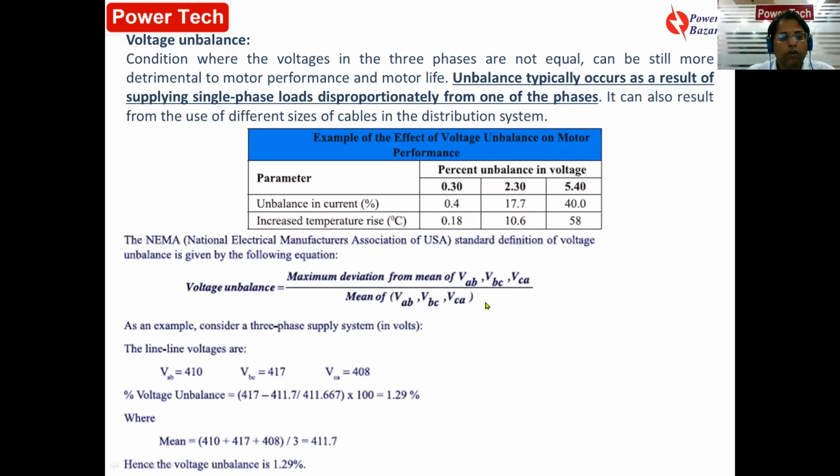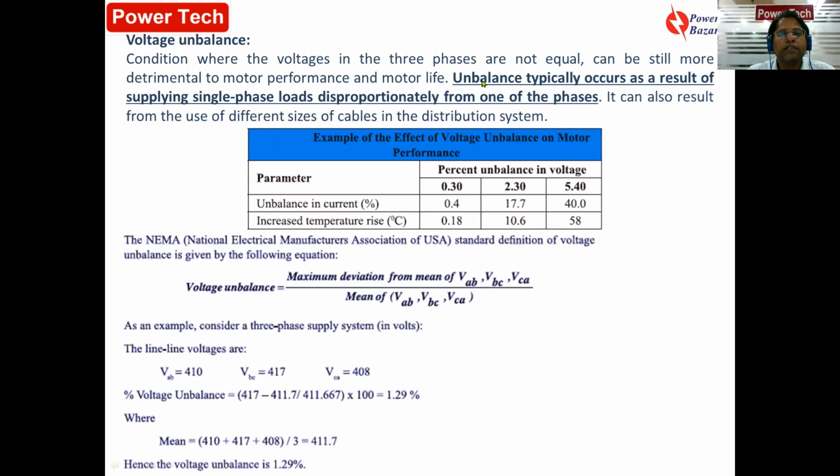What I have done here is calculate the mean, which is 411.7. Now from this mean, who is deviating the most? 417 is deviating the most. So 417 minus the mean, divided by the mean, will give you the voltage imbalance. So voltage imbalance is 1.29%.